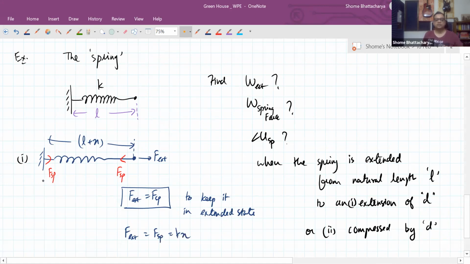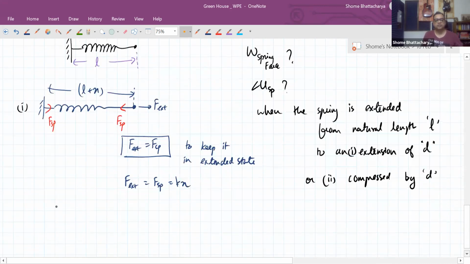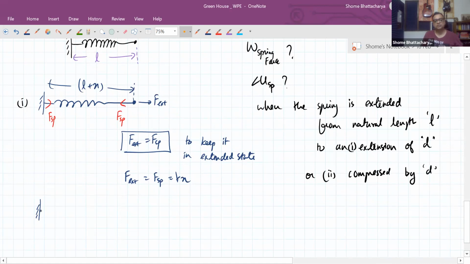So now you see from here, if we are slightly expanding it further, so we are going from this position to a slight further extension from here. So we made an extra displacement of dx in this direction. So the spring's length is now extended by a further dx.